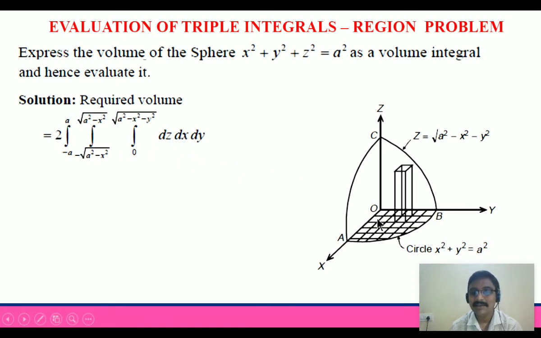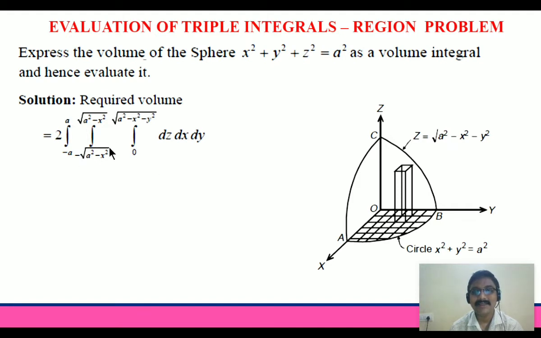And then the orthogonal projection is like this, that is the circle equation is x square plus y square equal to a square, whose y limits are minus root of a square minus x square to positive square root of a square minus x square, and x limits are constants, that is negative a to positive a, which are already discussed in the evaluation of double integrals while doing the sums related to circles.